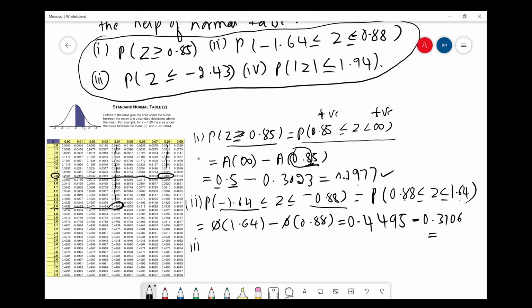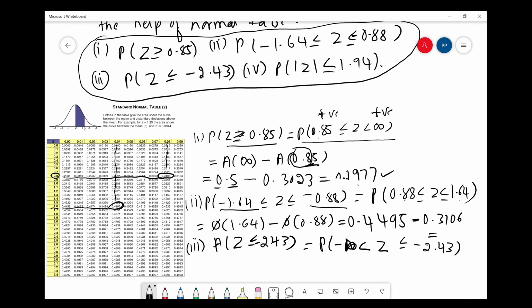Next case is the probability of z less than or equal to minus 2.43. Earlier we took z greater than or equal to 0.85, converted to the interval 0.85 to infinity. Similarly, z less than or equal to some value means it is from minus infinity to minus 2.43.